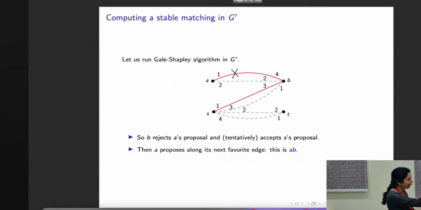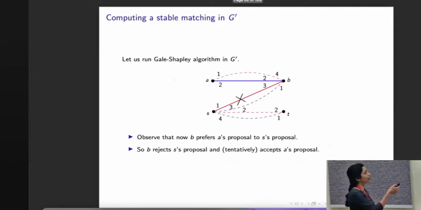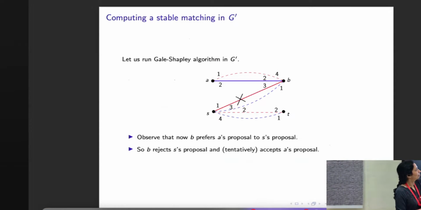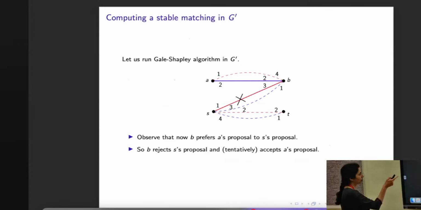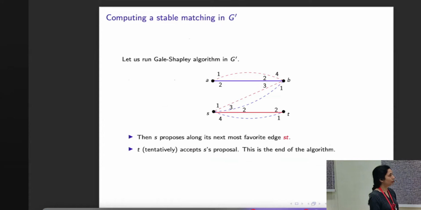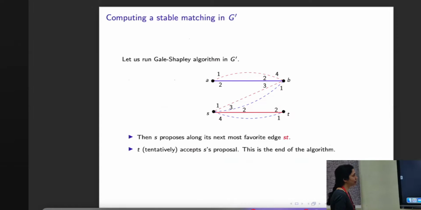Then A has to go to its second choice edge, which is the blue edge AB, it proposes. Now B has a better proposal, so it rejects the red proposal from S and tentatively accepts A's proposal along the blue edge. Now S has to go to its second choice, that's the red edge, and T has received a proposal. It's the first proposal it receives, so it happily accepts it for now.